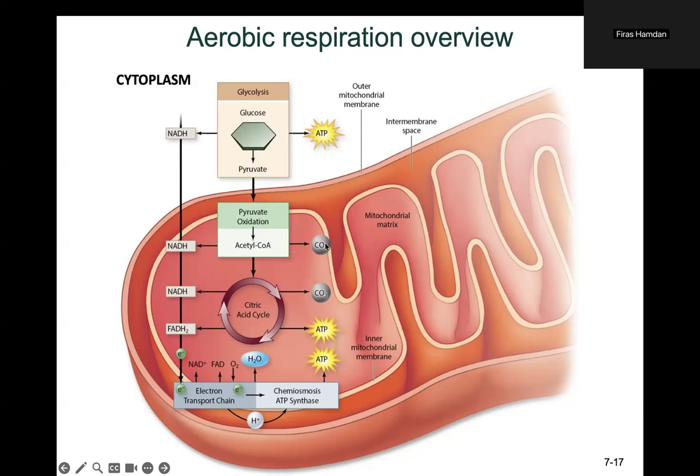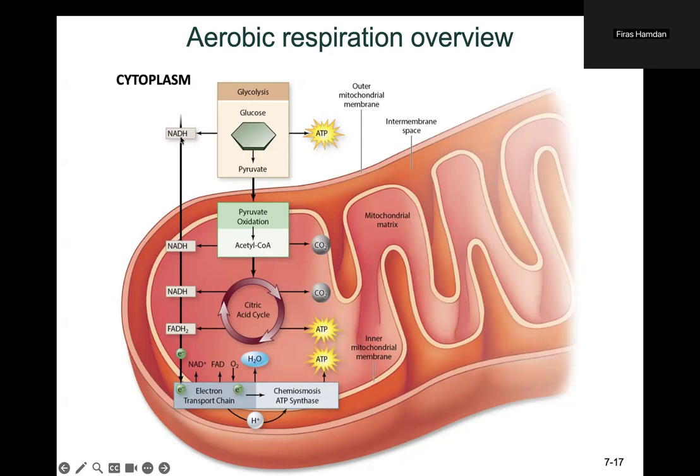So you remove a CO2, and then this enters the citric acid cycle, where we further oxidize acetyl-CoA. So we produce a lot of NADH and also FADH2, which is great.